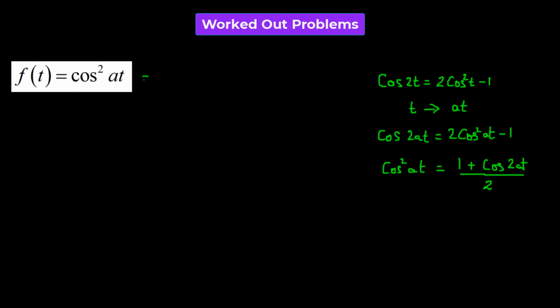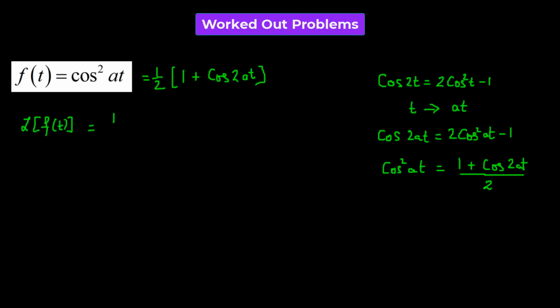So that means our function can also be written as half multiplied by (1 plus cosine of 2at). Now let's try to find out the Laplace transform of our function f of t.